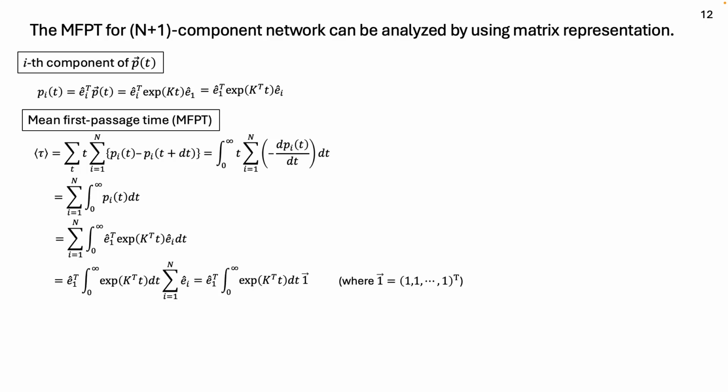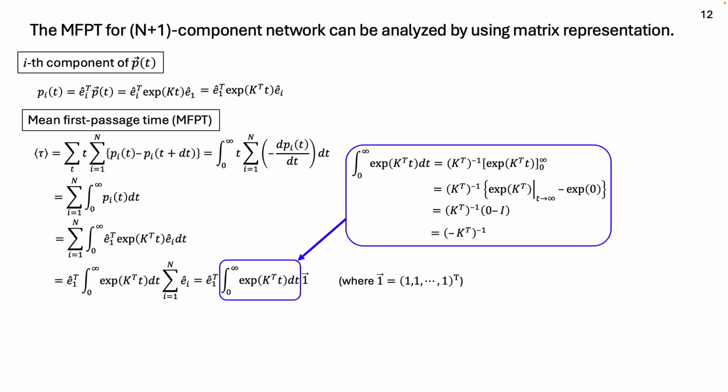And then we take the summation. The mean first passage time is this row vector times the integration of the exponential function and the 1 vector. The 1 vector is one where all components are 1.